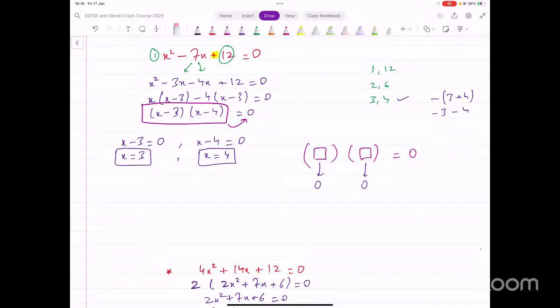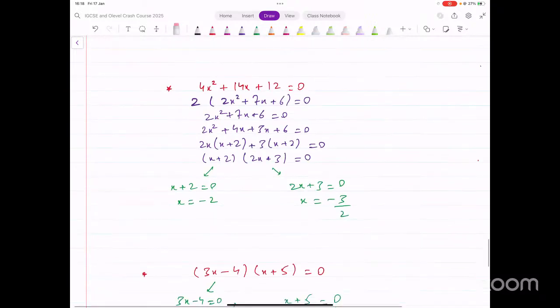So if you have a product, 2 things multiplying, x minus 3 and x minus 4, and the product is giving you 0 as the result, that necessarily means either the first bracket has to be 0 or the second bracket has to be 0. So we can split it into 2 parts and write it like this: x minus 3 equals 0 and x minus 4 equals 0. And that gives us 2 solutions for that equation.